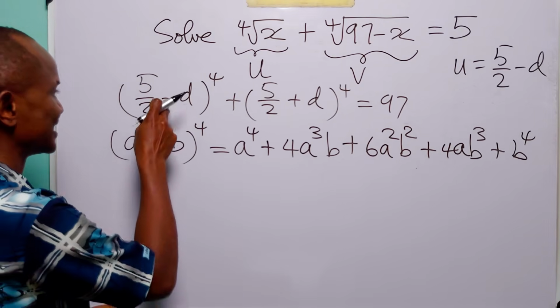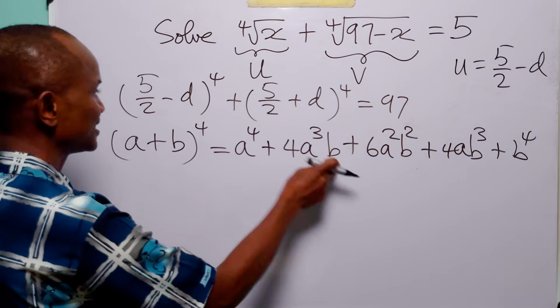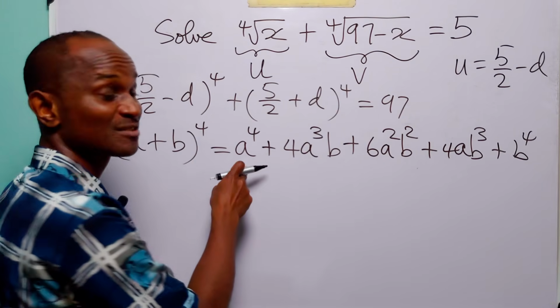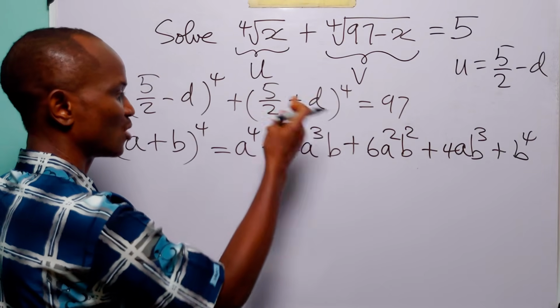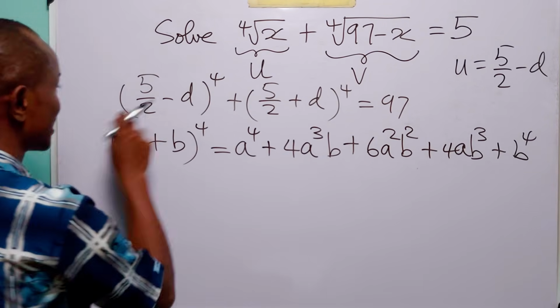Of course, you know that in this case, a is going to be 5 over 2 and b is going to be minus d. While in this case, once more, a is going to be 5 over 2 and b is going to be plus d.